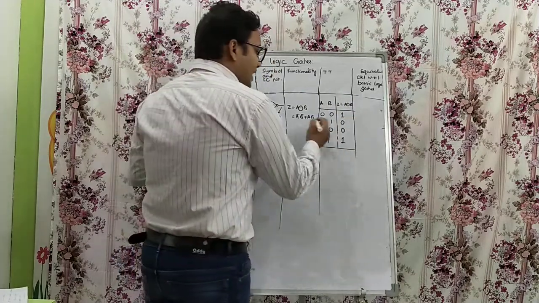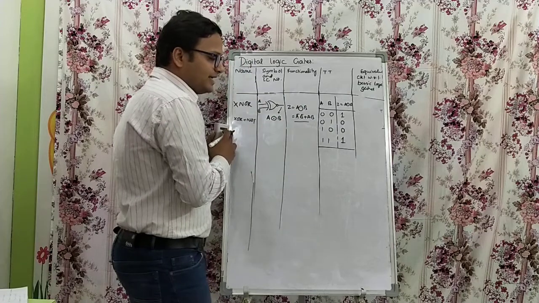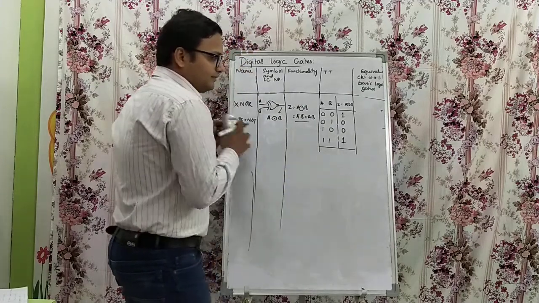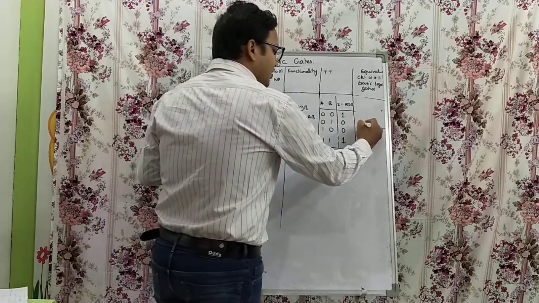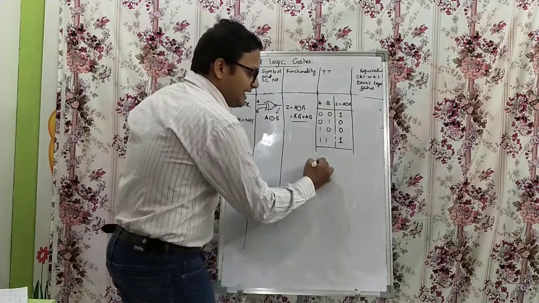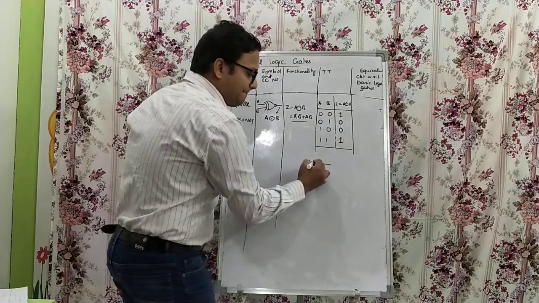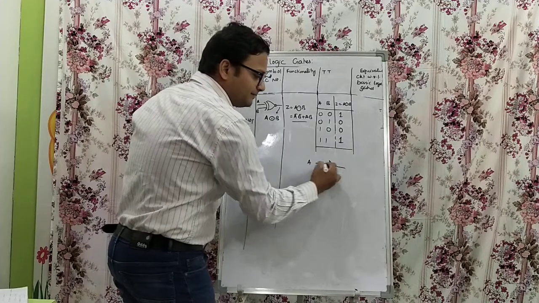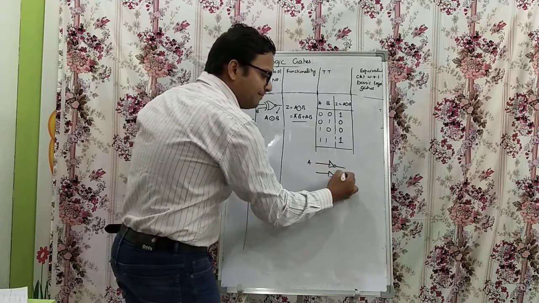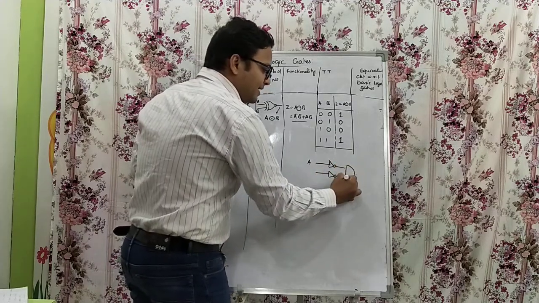Well, how can we design this? We can design this with the help of the basic gates NOT, AND and OR. Let's say this is A bar, B bar, A bar B bar.